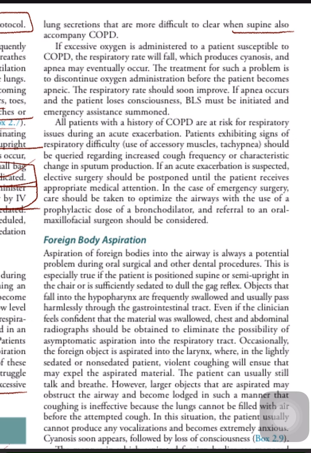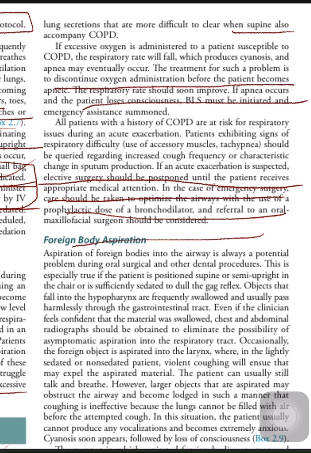These are the things you have to know. Elective surgery should be postponed, and these are the lines you must go through while reading COPD.